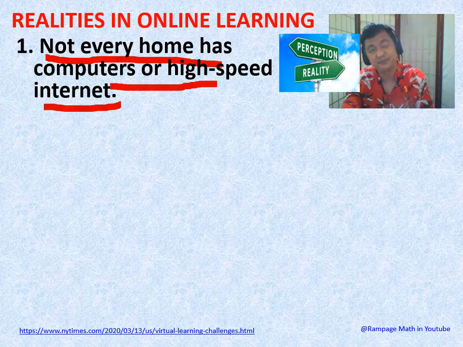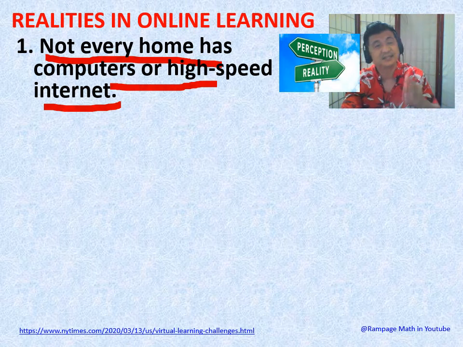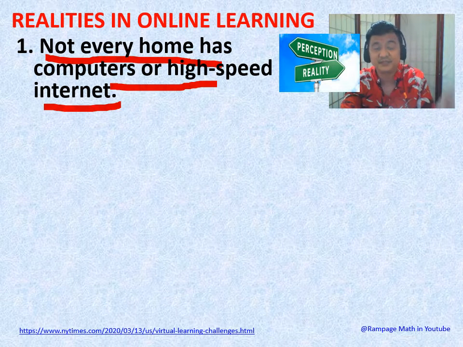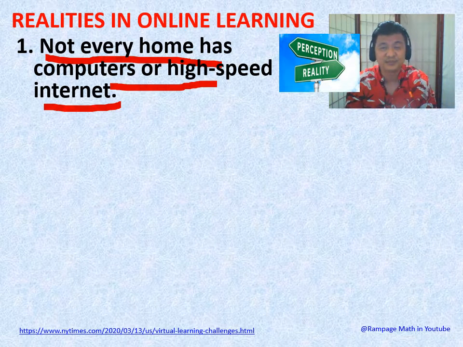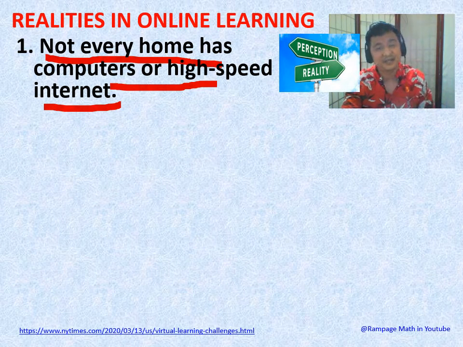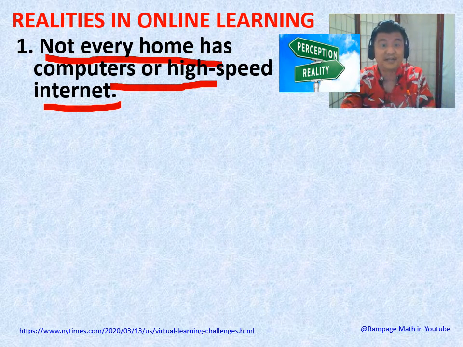Kung may computer man, hindi ganun kabilis ang kanilang internet. Expect mo pa sa ibang bansa. So, ganun din. Kahit among private schools na yan, Catholic schools, sige. Kala nyo lahat meron? Hindi rin. Minsan mag-aagawan pa yan sa device dahil tatlo silang magkakapatid. Much more dun sa ordinaryong tao, sa ordinaryong masa.